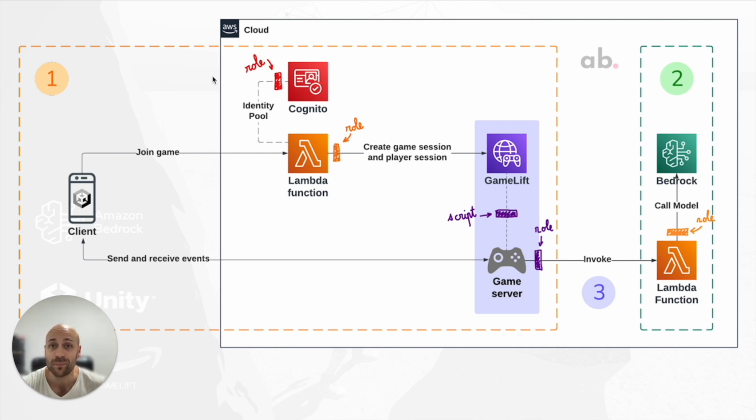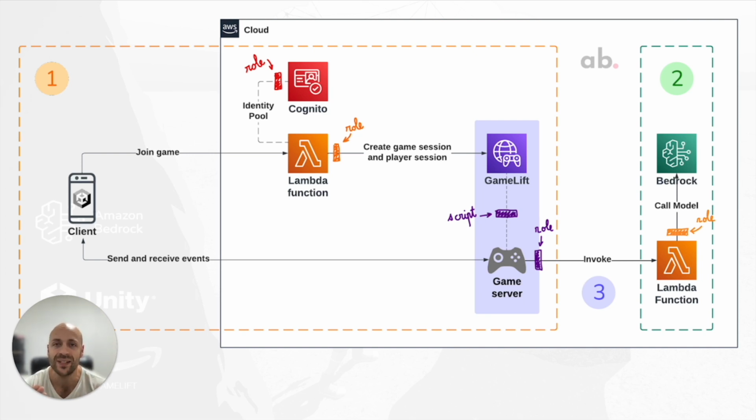For the first part, please refer to my YouTube playlist about Unity 3D and Amazon GameLift. And for the second part, to my video about Unity 3D and Amazon Bedrock. This video will focus on the last part: how to invoke a Lambda function from a GameLift game server.